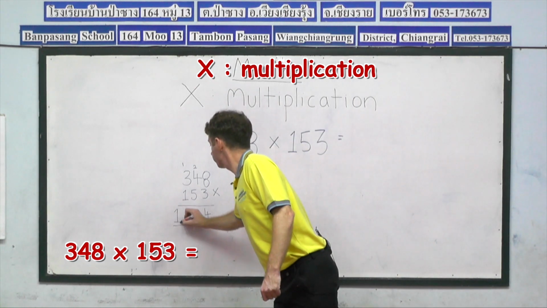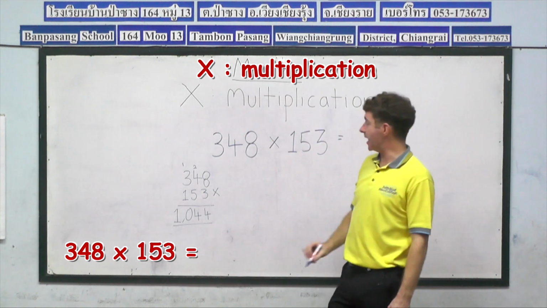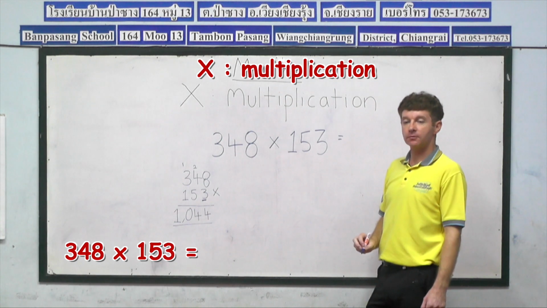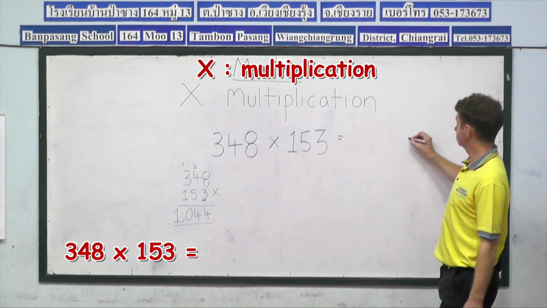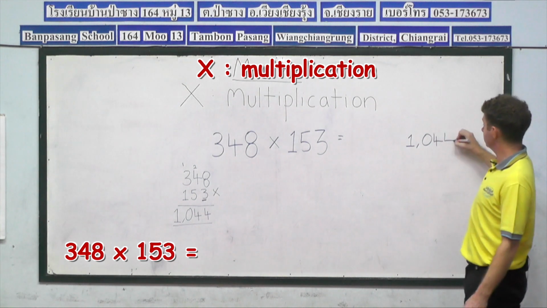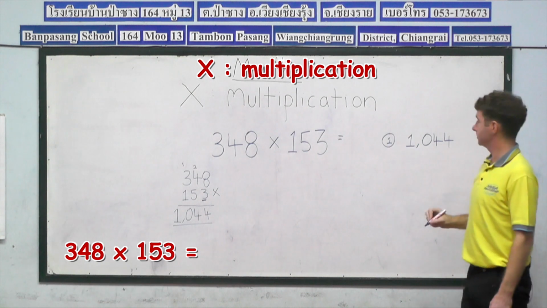So, there we go. There's our answer for the ones. 1,044. So let's make a note of that answer first. 1,044. We'll call this answer number 1.